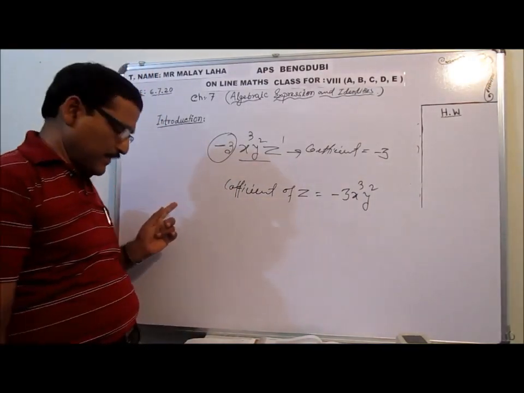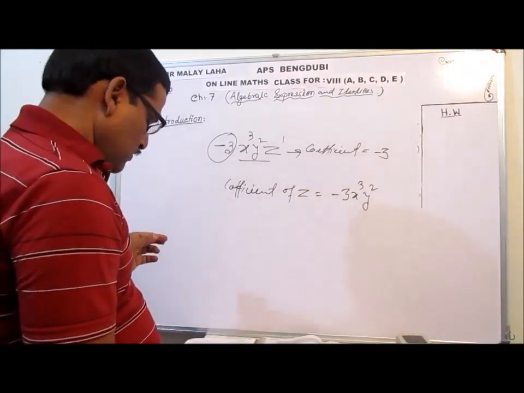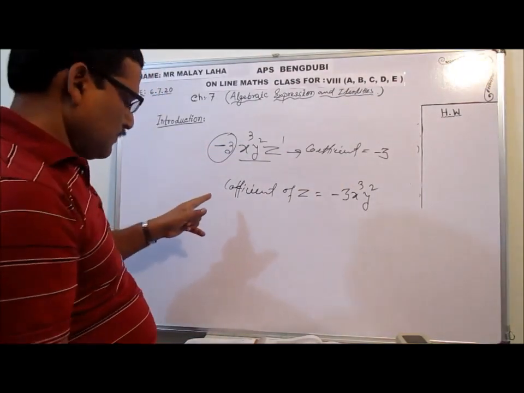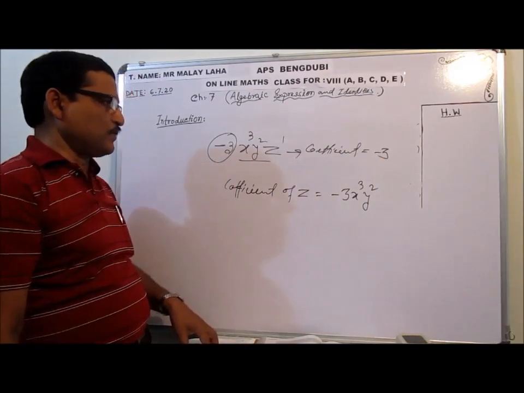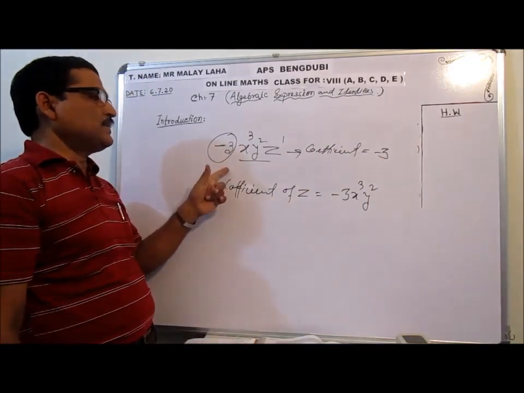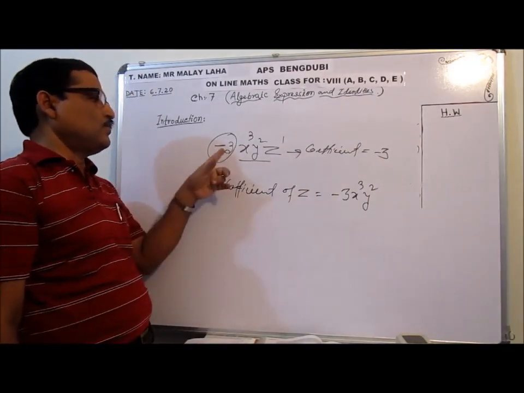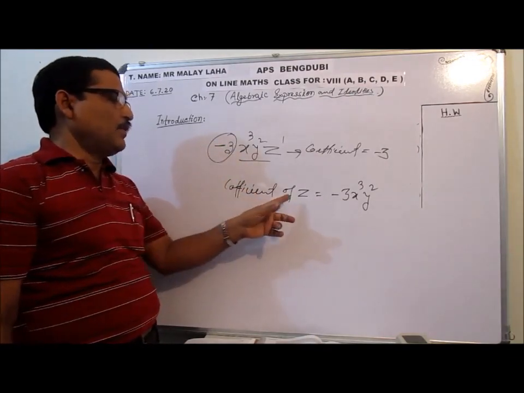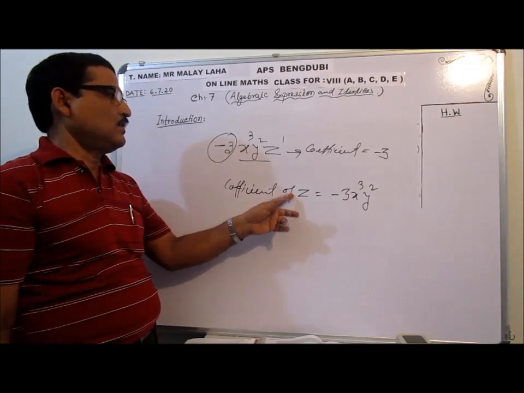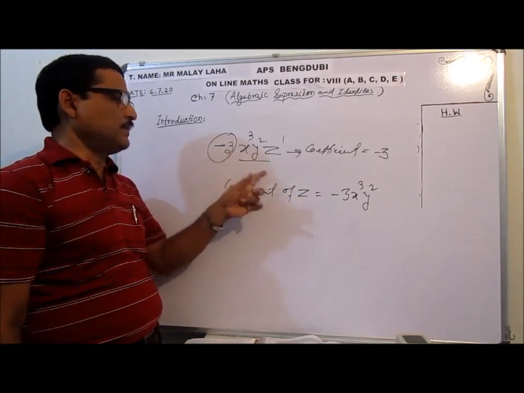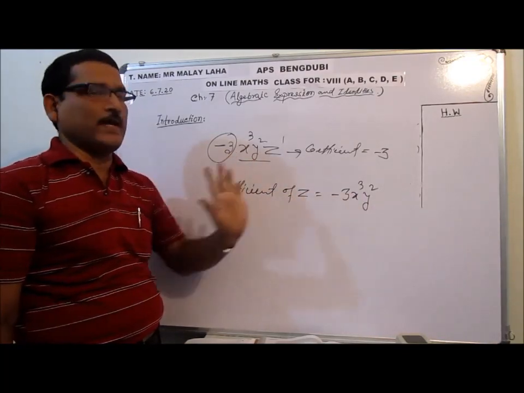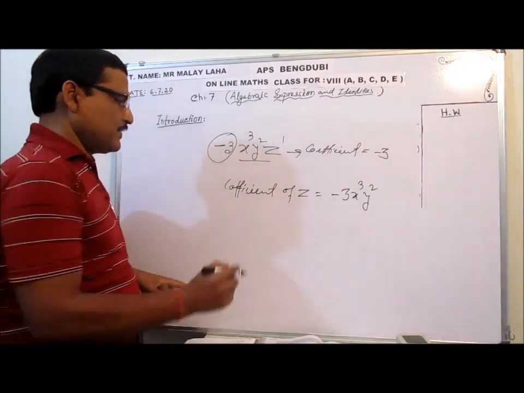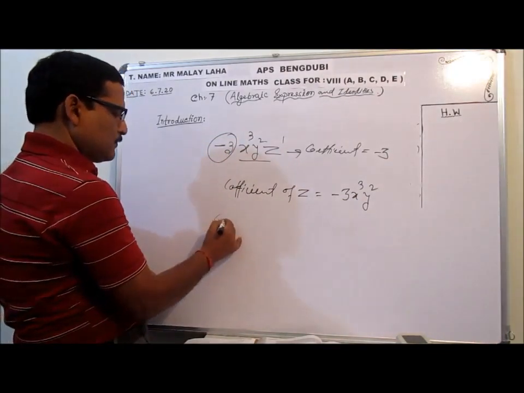Generally, when asked to find the coefficient of the following terms, we consider the numerical factor. But when you particularly ask for the coefficient of z, the coefficient of z in this term is minus 3x cube y square, leaving that.